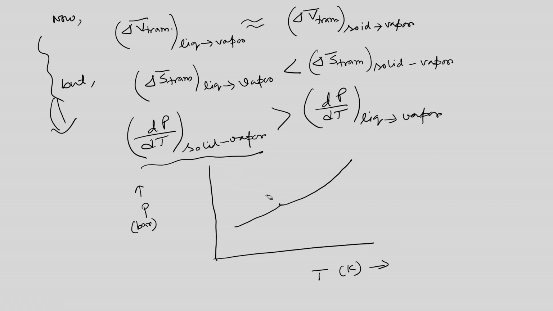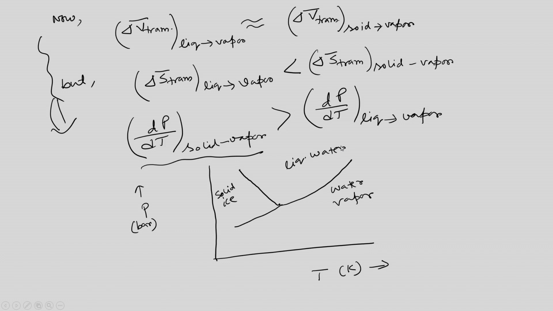Here you get solid ice, this is the region of solid ice, and this is water vapor, and this is liquid water.